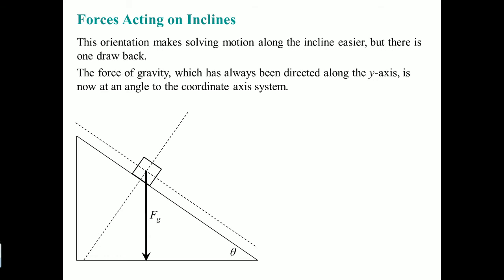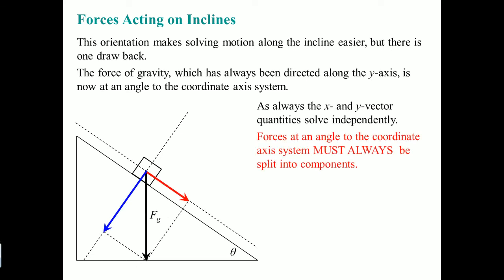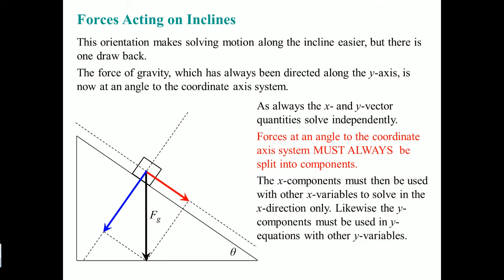But when we tilt the axes, the force of gravity becomes a diagonal, so we have to break it down into its x and y components. Please understand that there is now a horizontal and a vertical part, a cosine and a sine part. Remember, forces at an angle to the coordinate system must always be split into their x and y components.